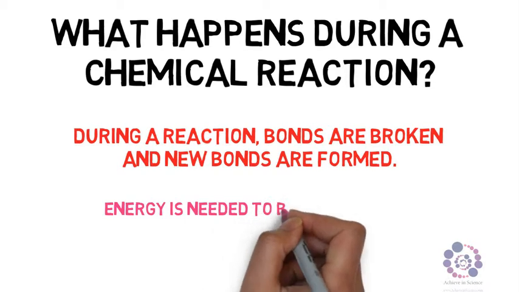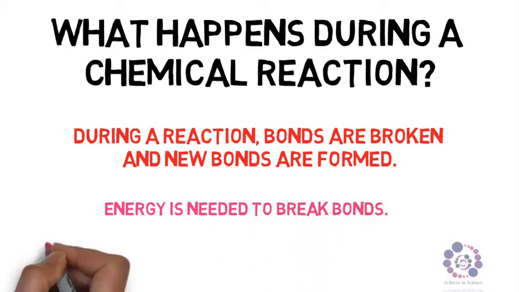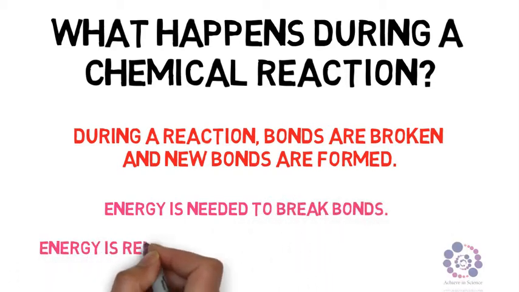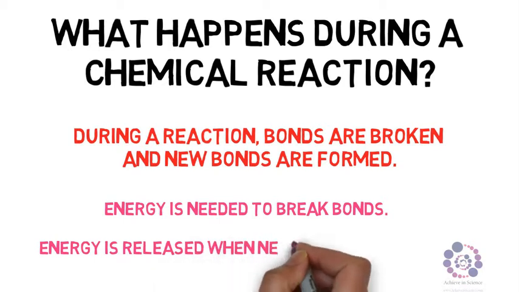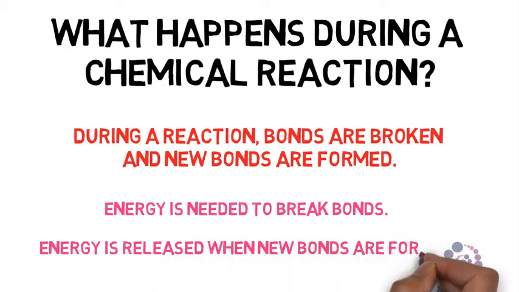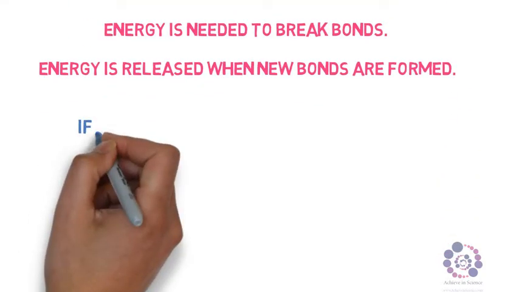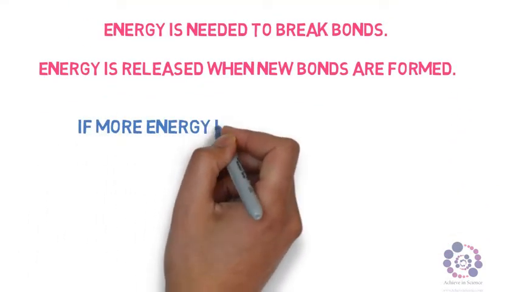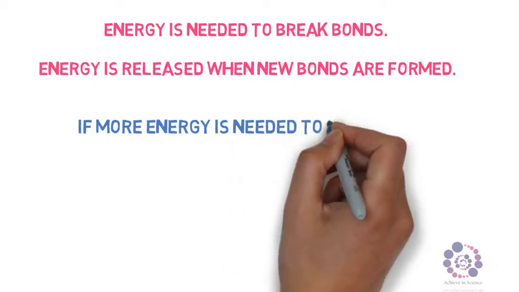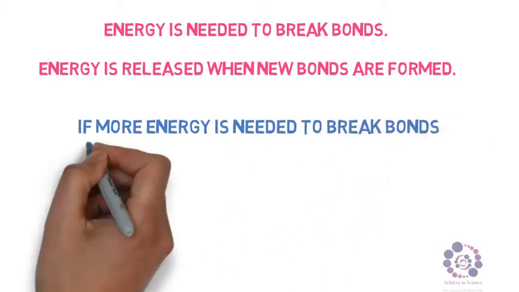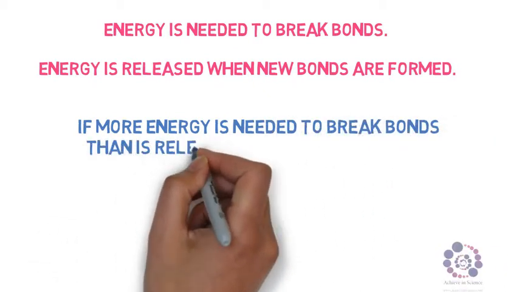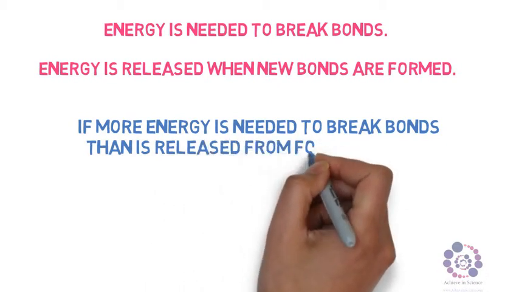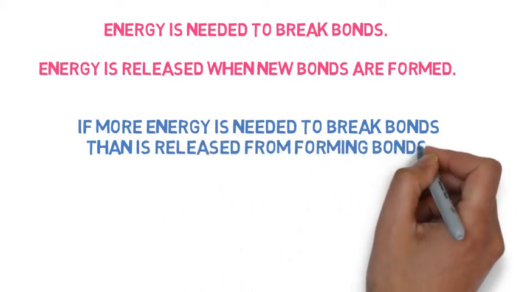Now, this is crucial to understand the difference between exo and endothermic reactions, because if more energy is needed to break bonds than is released from forming bonds, the reaction is said to be endothermic. It's taken in more heat than it has released, and therefore it's taken in energy from the surroundings.